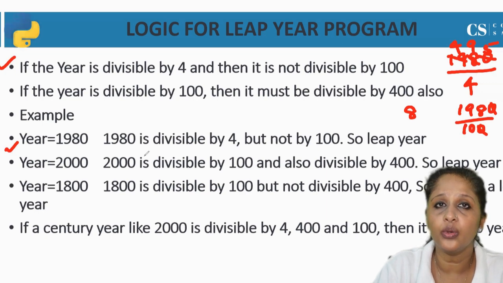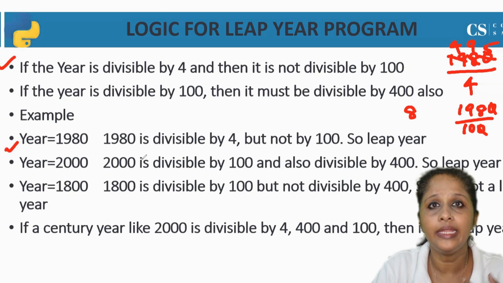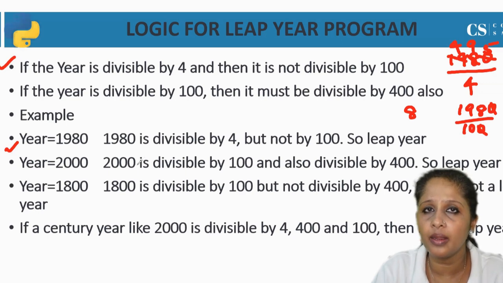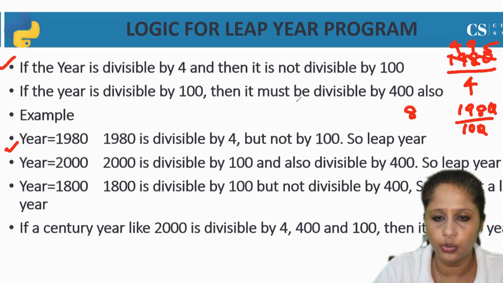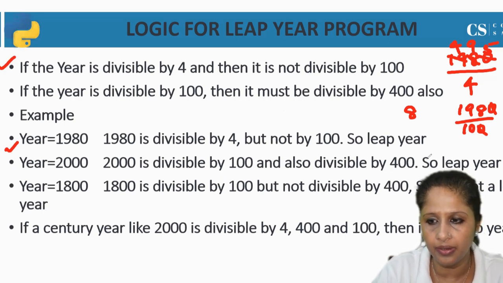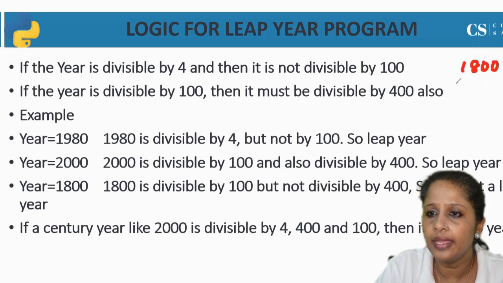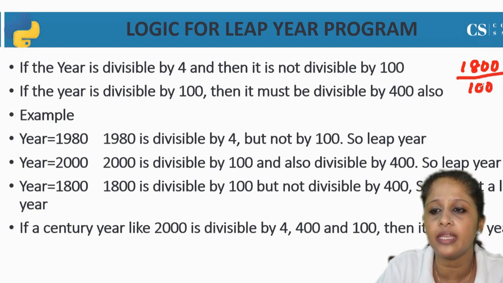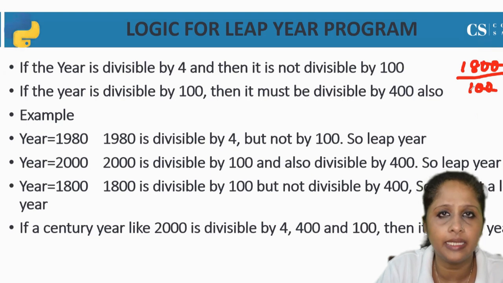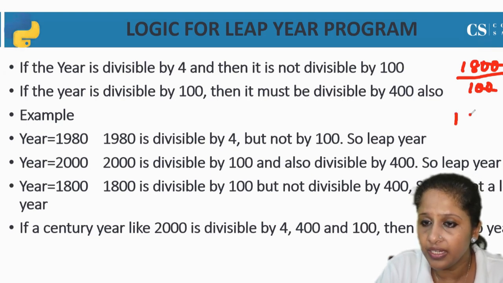Suppose, see, the years like 1800, then 1900. These years are divisible by 100 and they are also divisible by 4. If you take 1800 as an example and check divisibility with 100, it is completely divisible, right? In the same way we can check with 4 also.